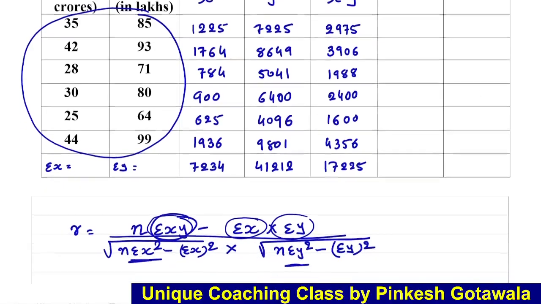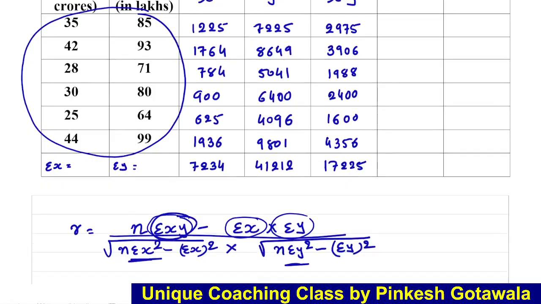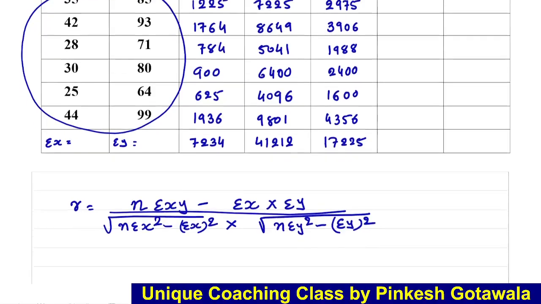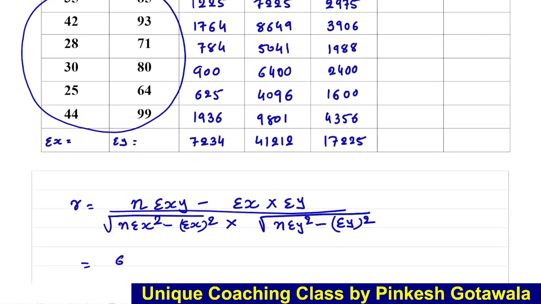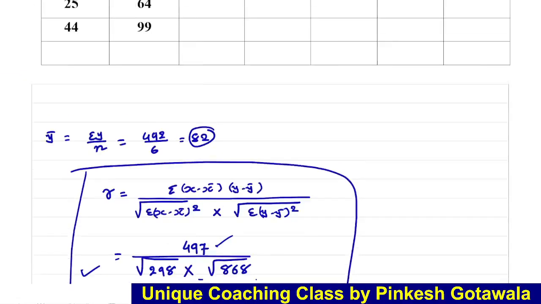So let's start. Put the values in the formula. Our n is 6, sigma xy is 17225. Sigma x and sigma y we have totaled in the first sum.